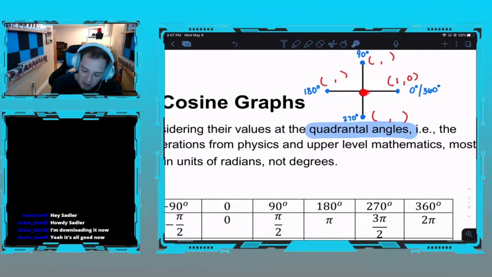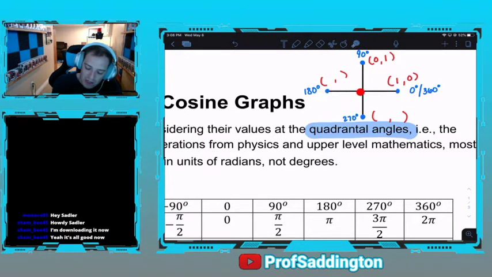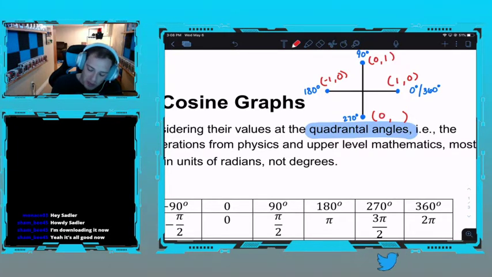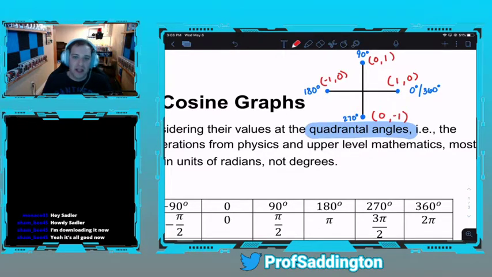So it's going to be 0, and I went up 1. On the 180, I went left 1, which would be negative 1. And then I did not go up and down, so it's 0. And then the bottom one, I did not go left or right, so it's 0, but I went down 1 to get to that coordinate.